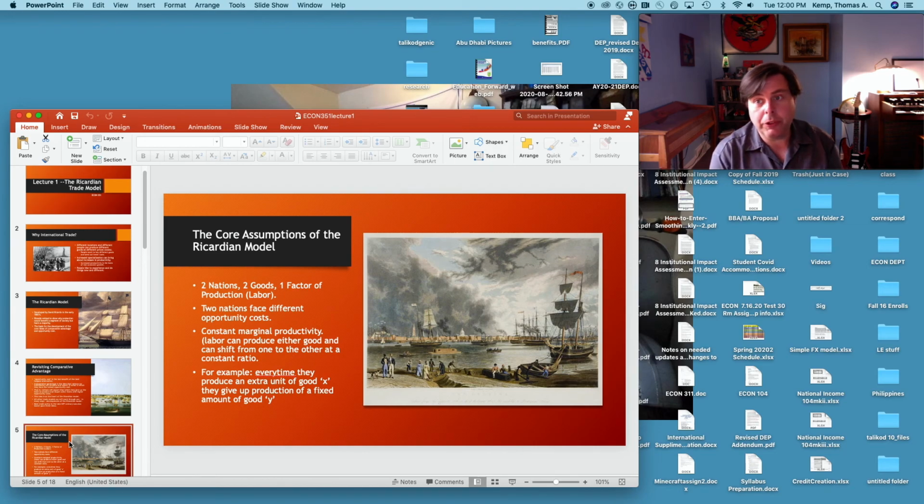They can produce 5 widgets an hour when they start work at 8 a.m., and they're still producing 5 widgets an hour as the day comes to a close at 3 p.m. And if I add 100 more workers, they can produce 500 more widgets per hour because they all produce 5 widgets per hour in that nation. The other nation might produce 7 widgets an hour or whatever. But within a nation, if I add more labor, it can always produce the same amount.